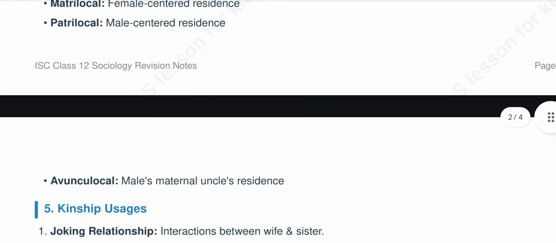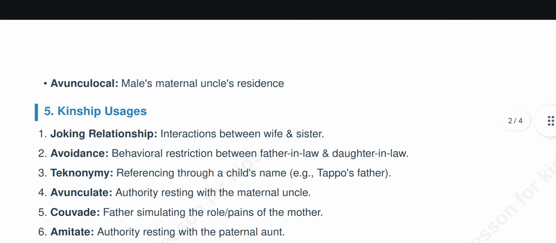This is all about it. Then the third one is avunculocal. Here, the male's maternal uncle's residence, meaning after the marriage the wife will move with her husband to the husband's maternal uncle's house.